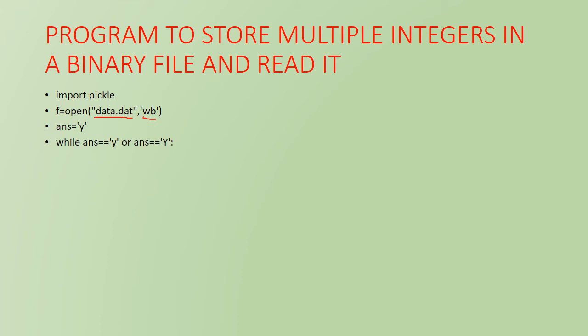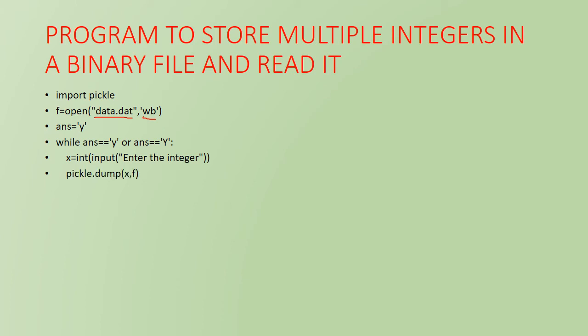So here for the while loop, we are using answer to decide whether we need to enter more data or not. So while answer equal to small y or answer equal to capital Y, we wanted to enter the integer, because the program is to enter multiple integers and store them.